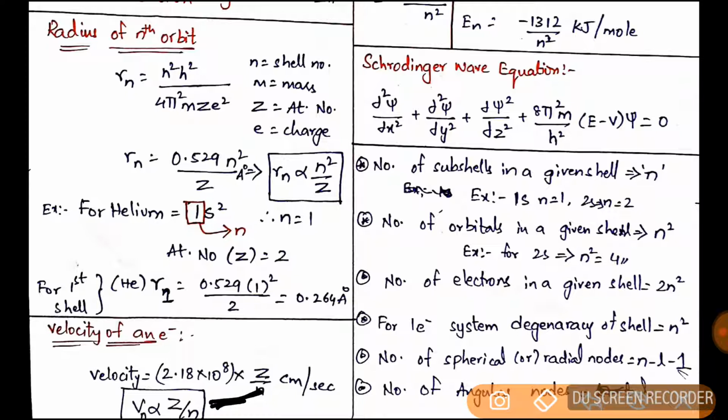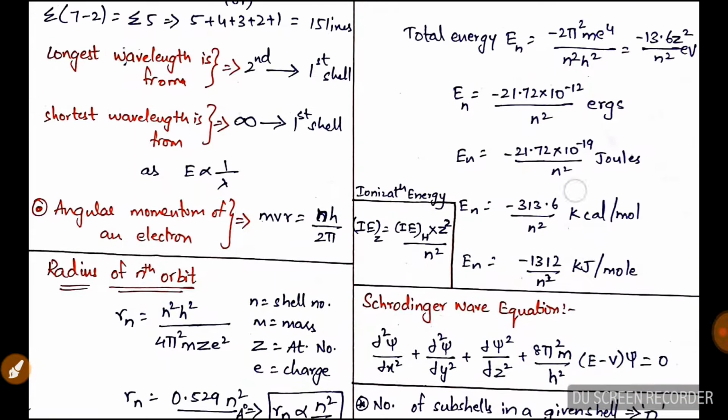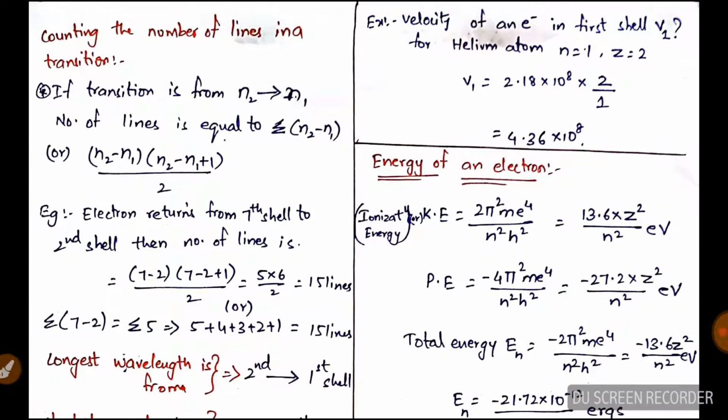So you should just remember this one. So please note it down. And coming to the right side of this box, I've also given this example. As you could see here, velocity of an electron in the first shell, that is v1, of helium atom, where n is equal to 1 and z is equal to 2.